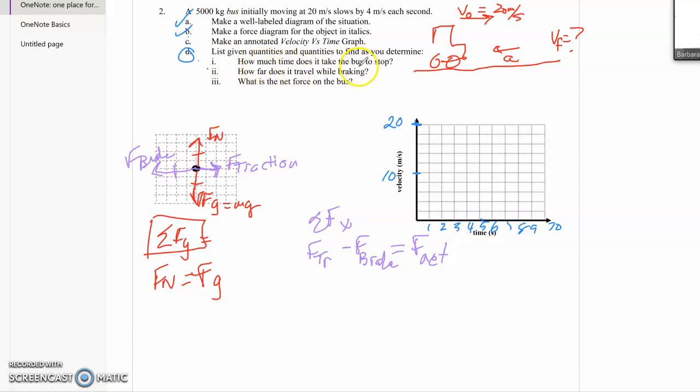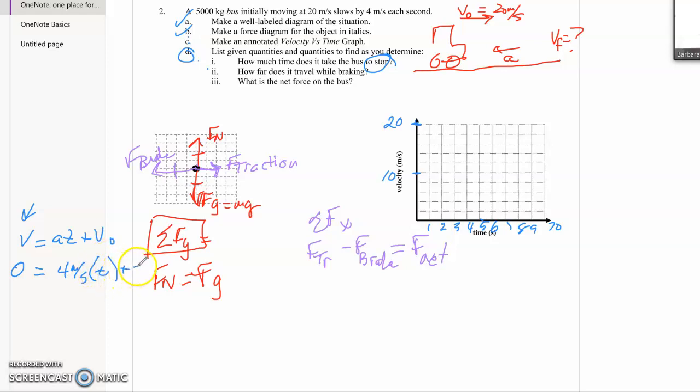How much time does it take the bus to stop? Well, if I want to know how much time, I can say V equals AT plus V naught. When it comes to a stop, the final velocity is 0. So I would say 0 equals 4 meters per second times T, we want to find T, right?